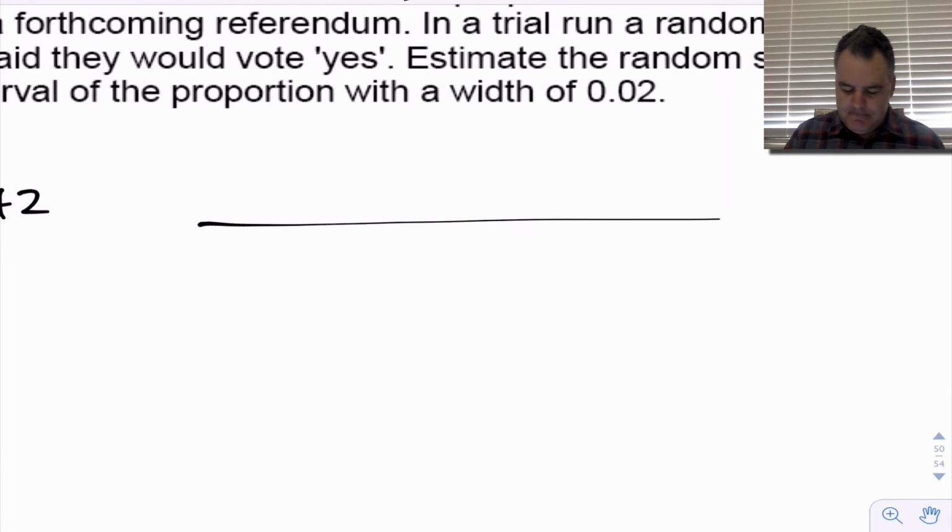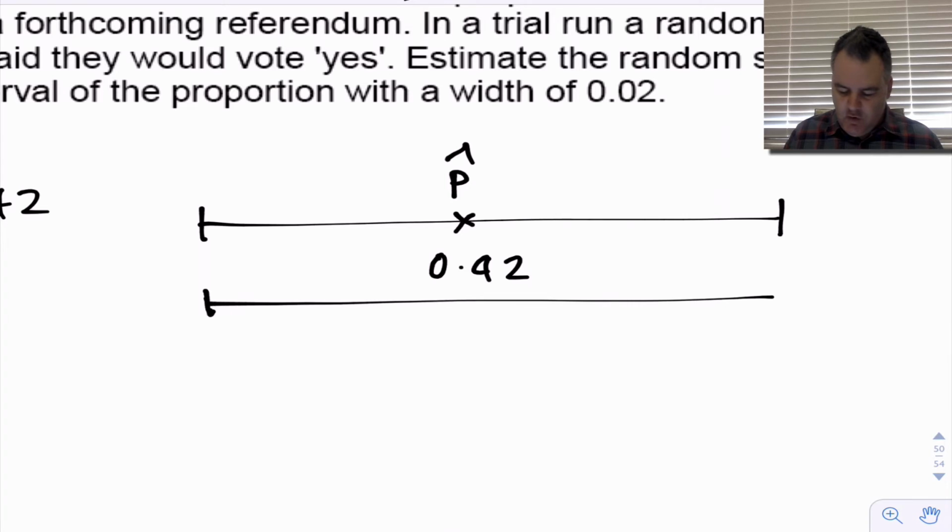Okay, here's my confidence interval. There's p hat in the middle, which happens to be 0.42. And the question says that this whole width here has to be 0.02, the whole width, which means the margin of error has to be 0.01, or margin of error 1%.